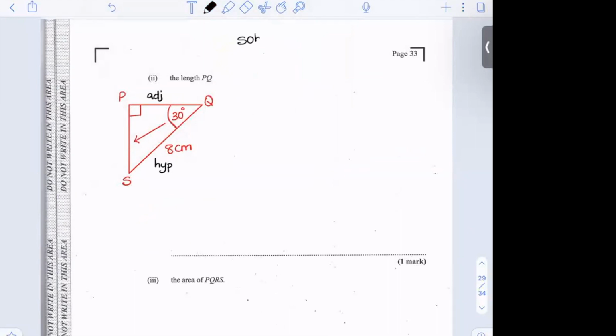Sine, cosine, tangent. Which ratio are you using? Cosine. So cosine of 30 is equal to PQ on 8. We can cross multiply. PQ is 8 cosine 30.